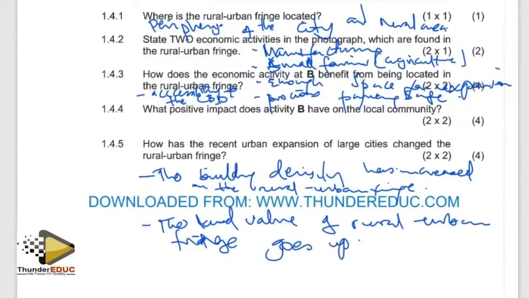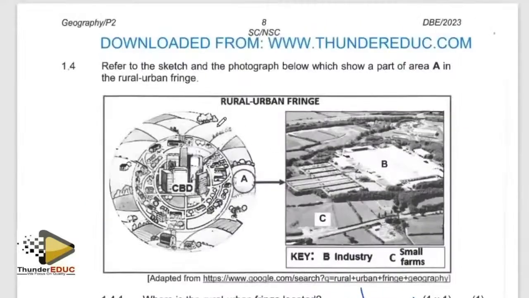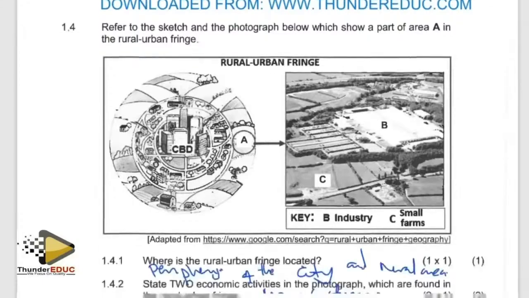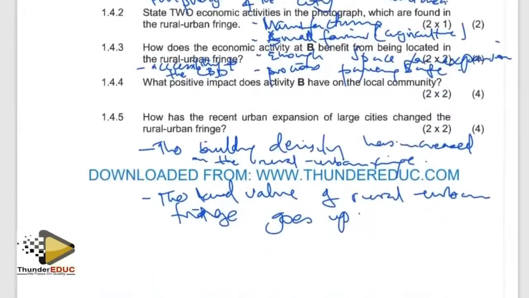Okay, we're looking at the recent changes of the rural urban fringe. When you look at this, you will see that the space is limited. So many cities have developed houses. A few major recent houses have developed in the rural urban fringe. Okay, because of that.